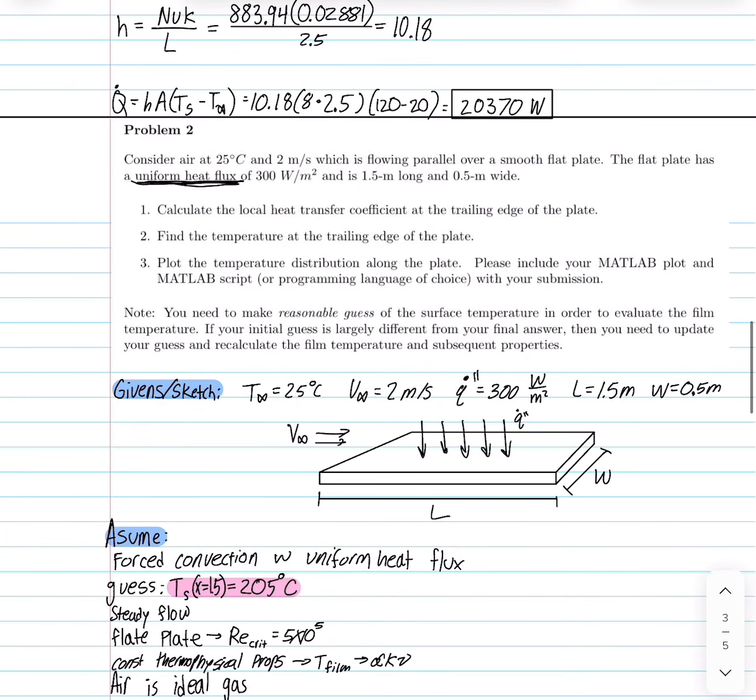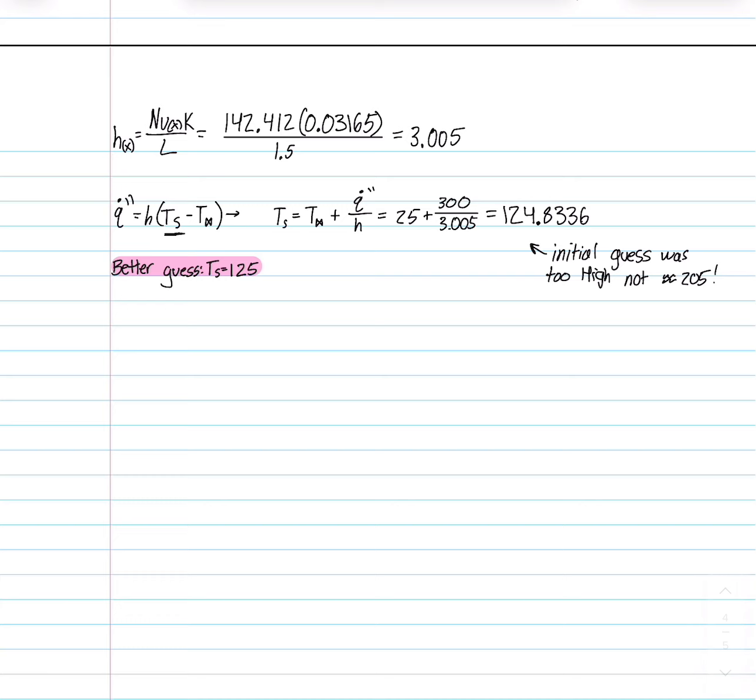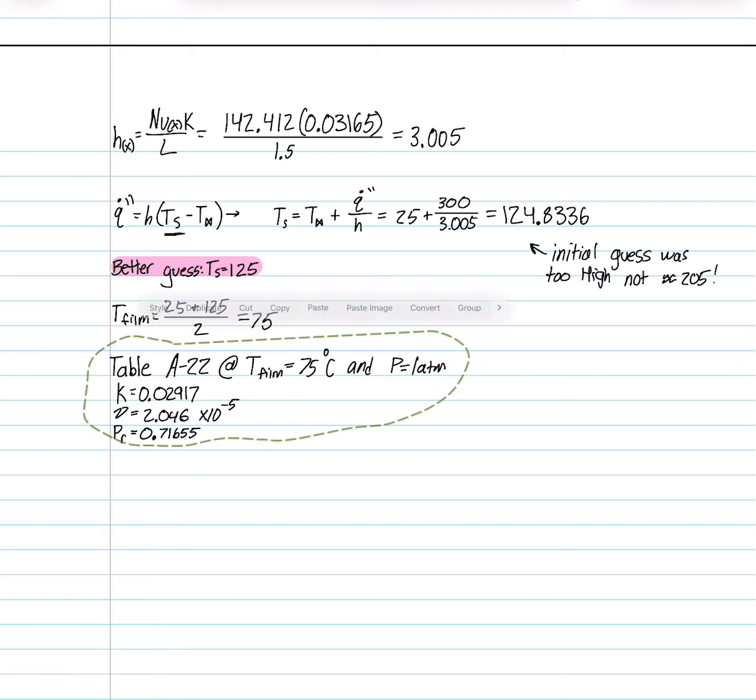So a good strategy for making a much better guess, and if you use this strategy, you only have to guess twice, is to set your next guess equal to what the surface temperature is when you solve it with the known heat flux. So 125 was about what we got.